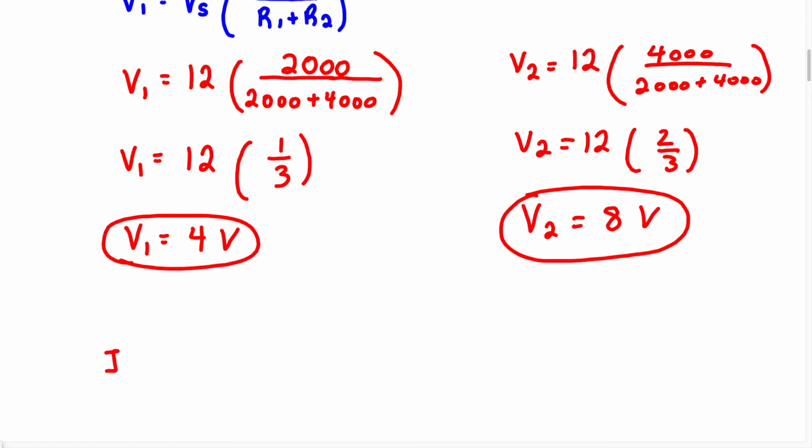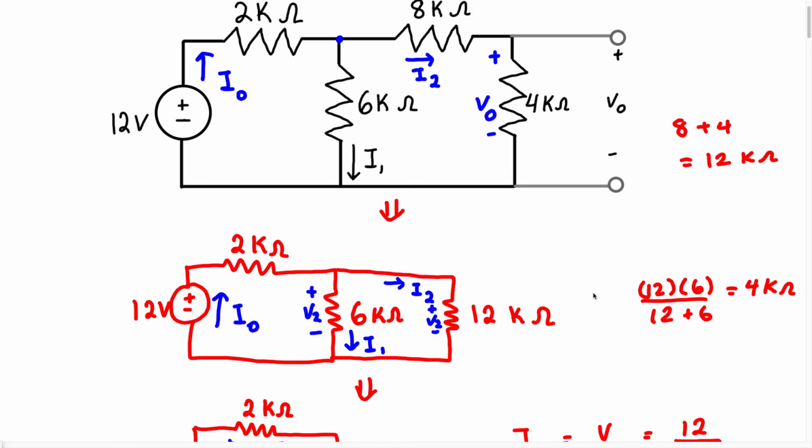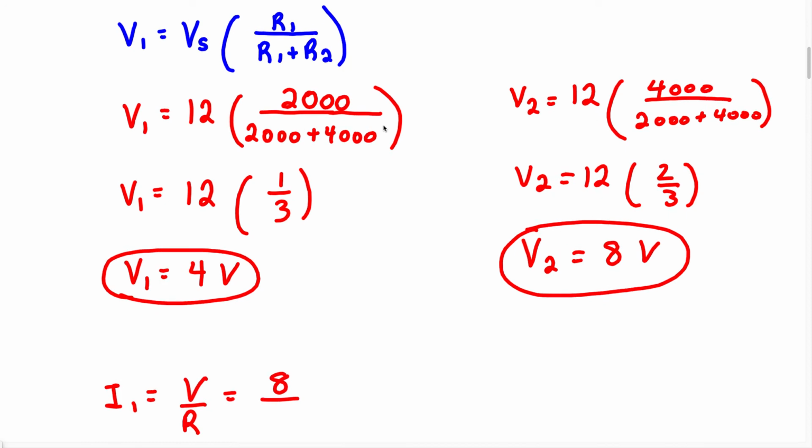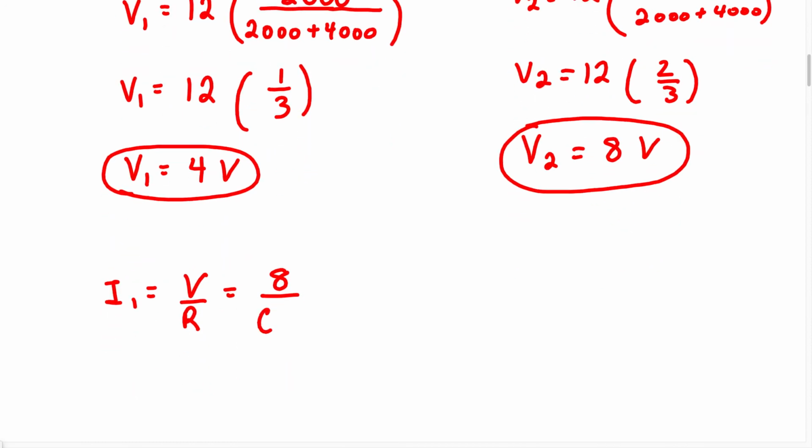So to find I1, we're just going to use Ohm's Law. I1 equals V over R. We know the voltage is going to be 8 volts over the resistor, which is a 6K resistor. So we're going to write it over 6,000. When we solve for this, I1 equals 1.333 milliamp. So that's going to be the value of I1.